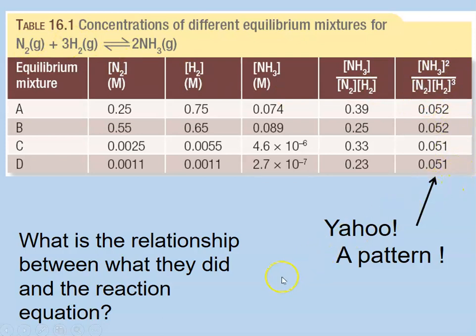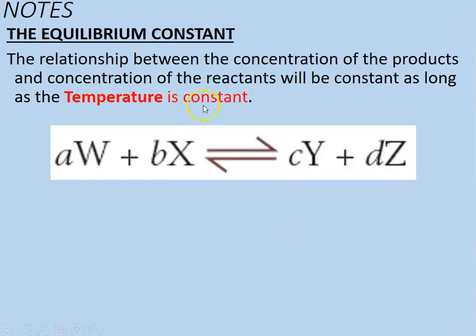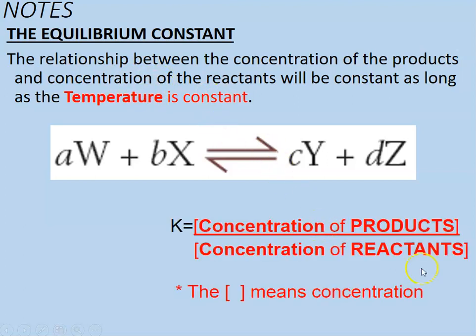There was a pattern. So this fraction is called the equilibrium constant, and it's temperature dependent.